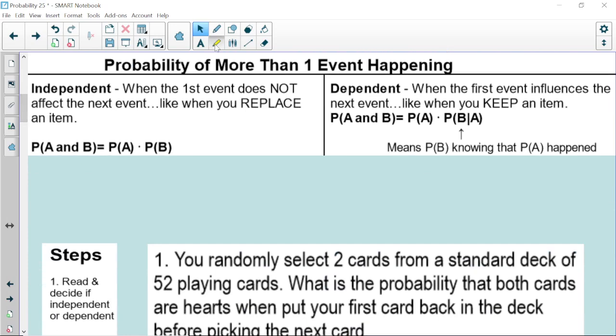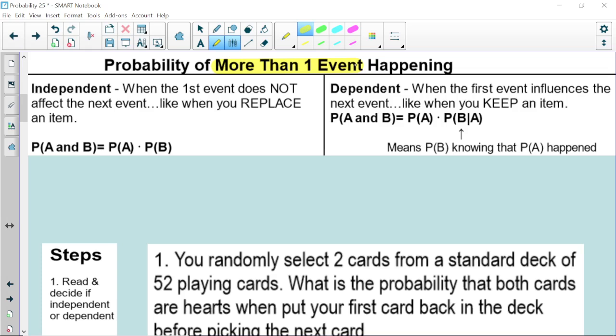All right, so important for these notes that this is all about doing more than one event. In our past notes, our past practice, we've been doing events that involved picking one card or rolling a die once or picking one item out of a bag.